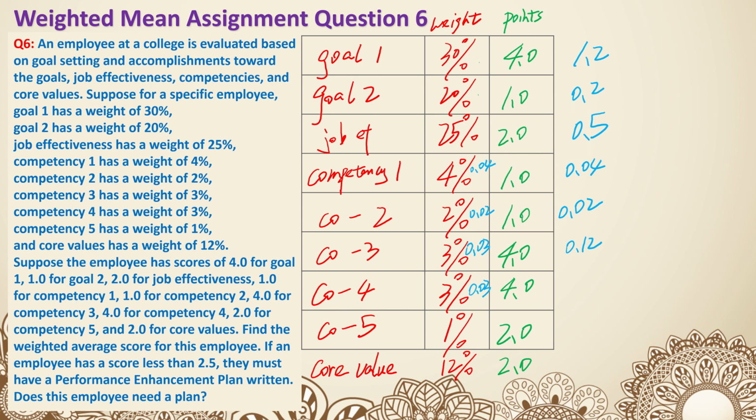Another 0.03 times 4 is 0.12. And 0.01 times 2 is 0.02. Lastly, 0.12 times 2 is 0.24.